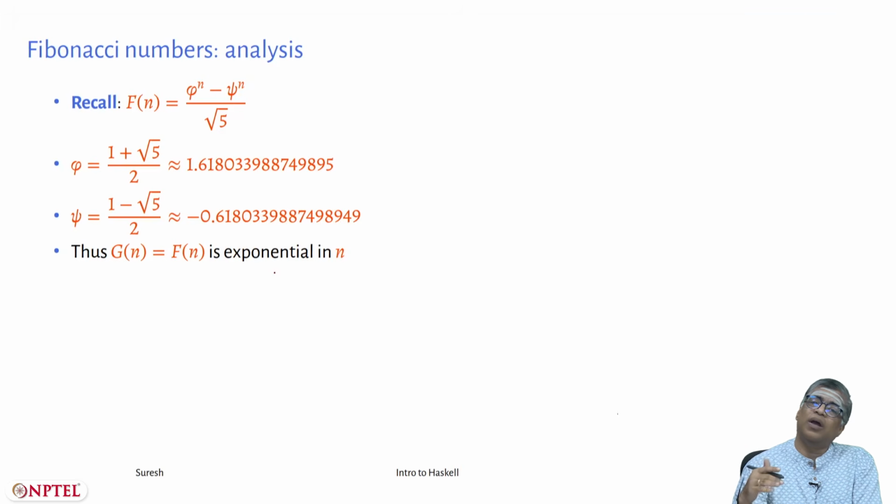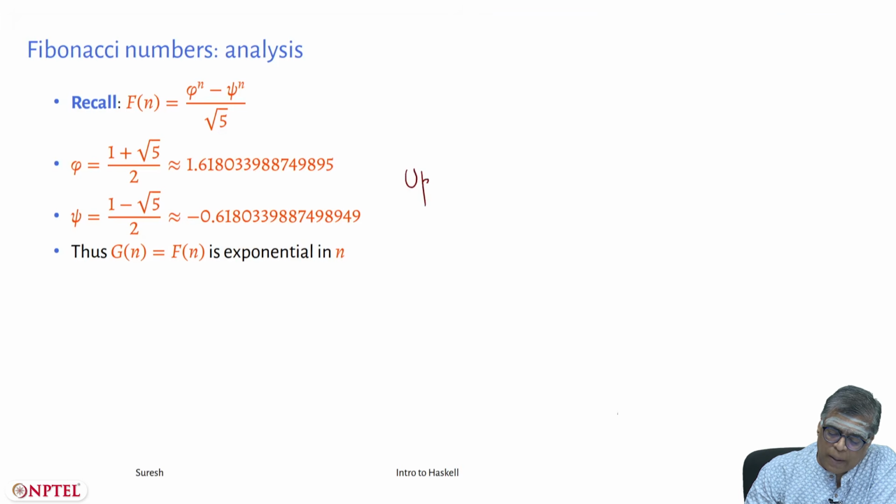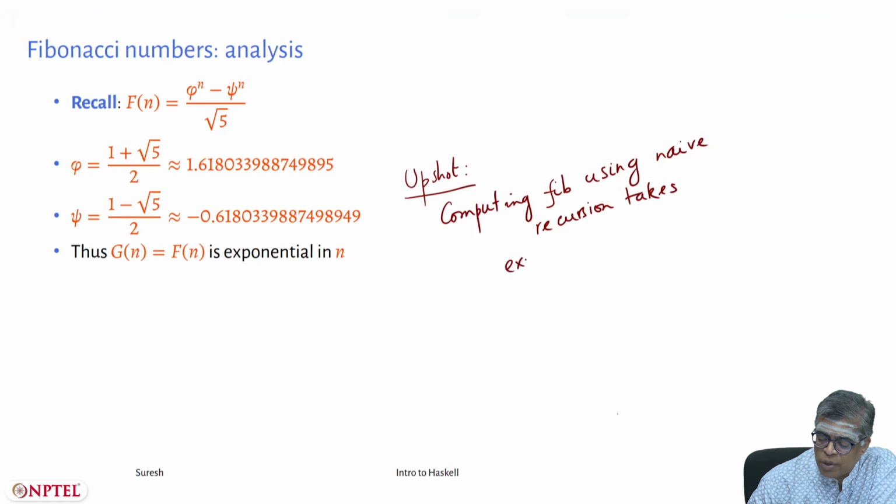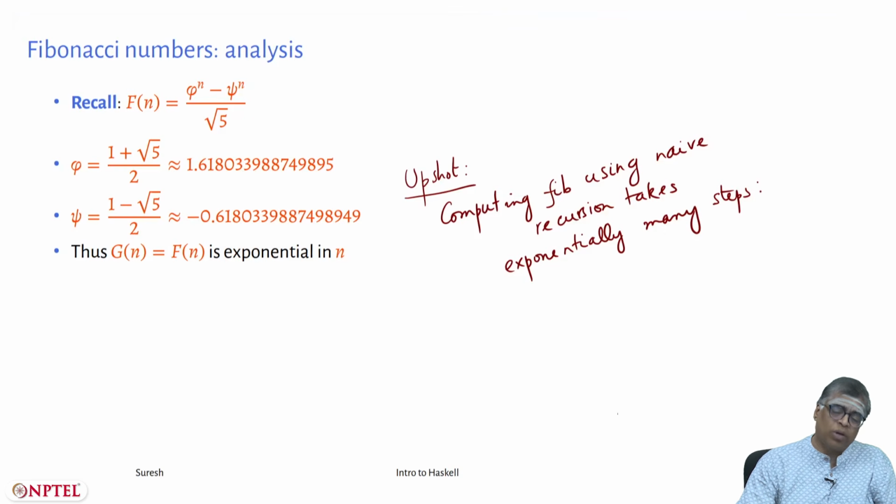So, any which way we have proved that the upshot is computing fib takes exponentially many steps. Okay, and actually one can go to VS Code and check this out in a minute.